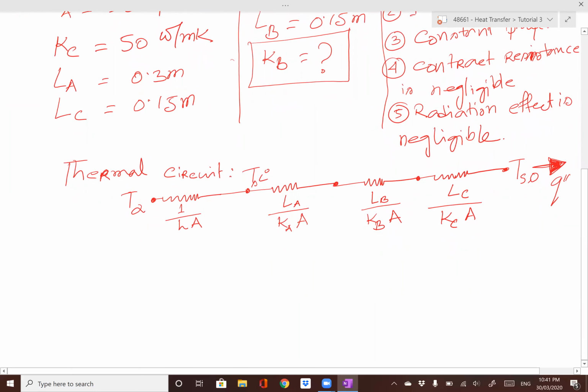So now we can calculate how much heat will transfer through the composite wall.